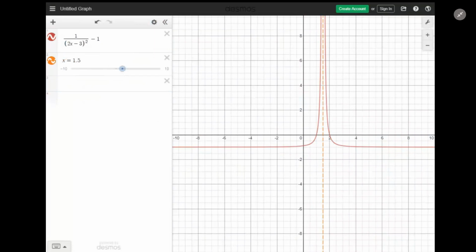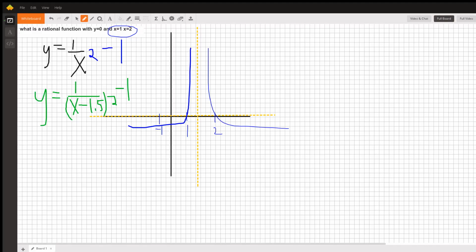So the actual rational function that will give you those characteristics is this, the one in red. So if we bring that back over, let me go back and copy. Well, that's okay, we'll just write it here.